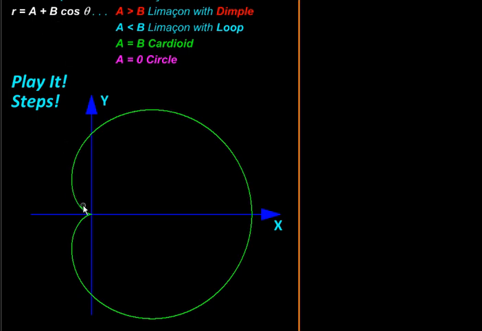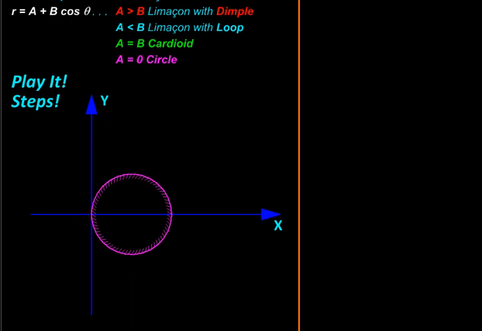So instead of getting a deeper cusp as in a cardioid, we will get a shallow dimple, something like this. And finally, when A is equal to 0, we will get a circle. This is the same circle that supported the rolling circle around it, so it plays the role of your finger in the rolling ring analogy.